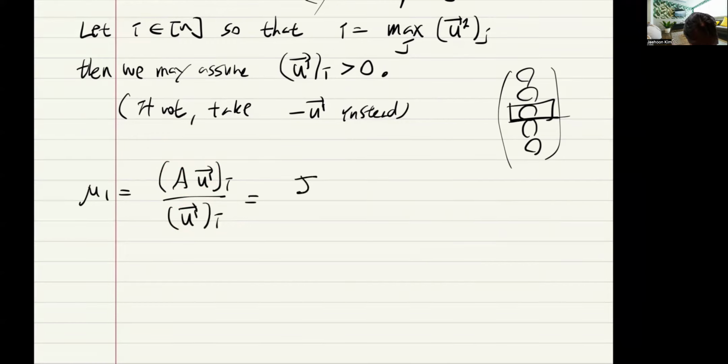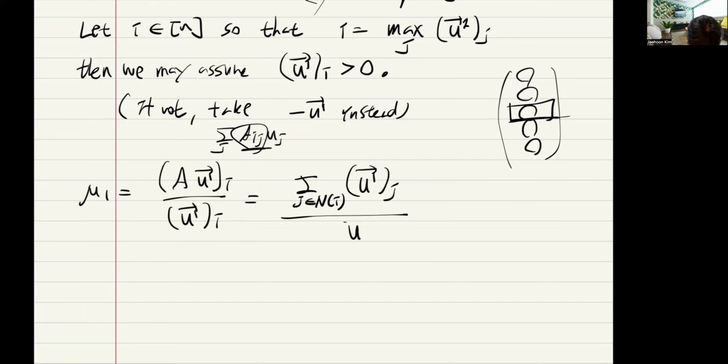On the top, you can actually compute it. It's the sum over all j of A_ij times u_j, but this survives only when i and j are adjacent. So you consider all the j which are neighbors of i, and you add the jth coordinates, and you get this.